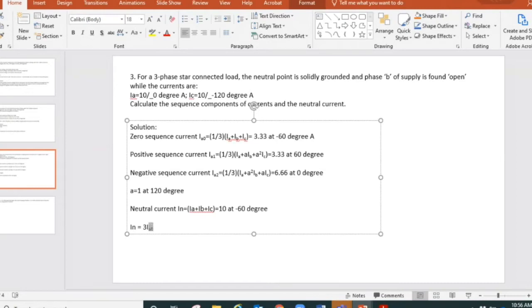Yes, sir. Can we see that it's going to happen in all the cases when we have a star connection, neutral grounded solidly. This is a very good observation that if we have forgotten from our theories, we can verify it. 3.33 we rounded off there, and if we kept it as 1/3, then we get perfectly 10.000.